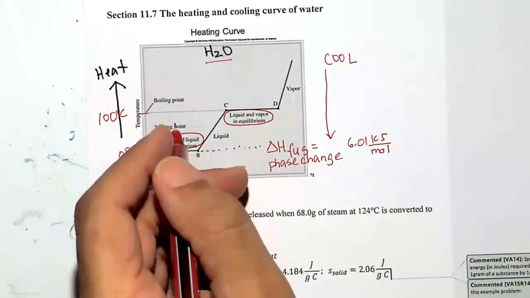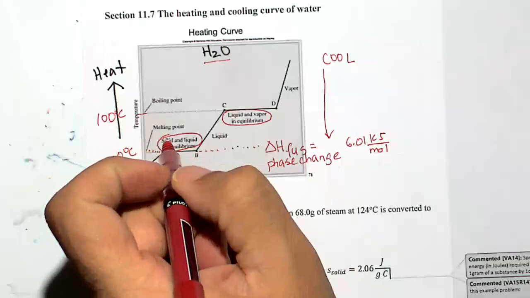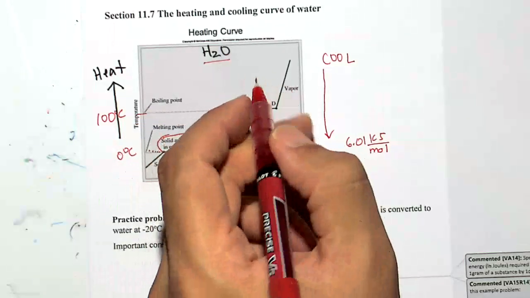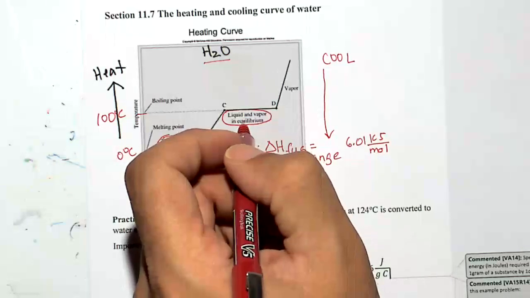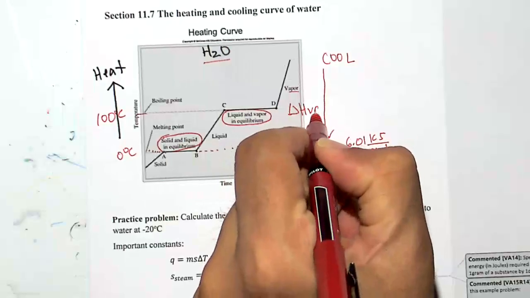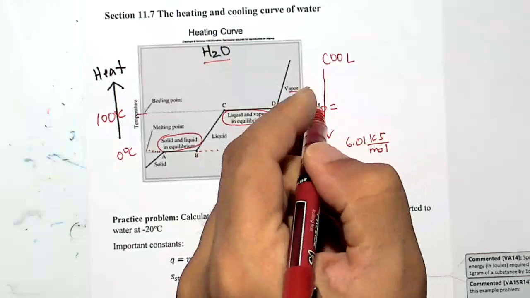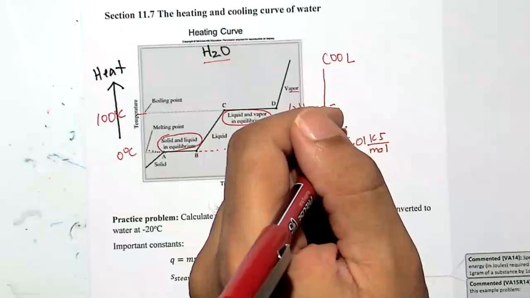And then if you heat, or you can cool it also, if you heat all the way to this second magic number of 100 degrees C, you'll get two phases. To overcome that phase and get it to completely vapor, you have to put in the energy of delta H vaporization.